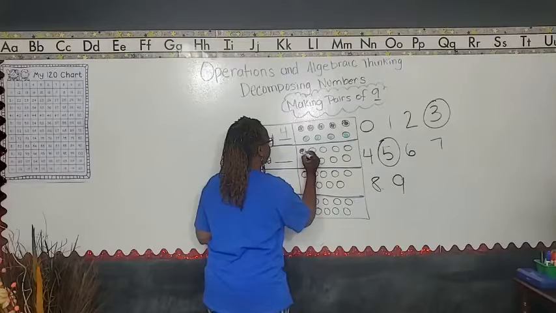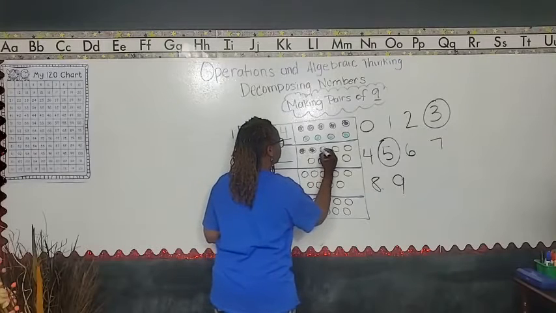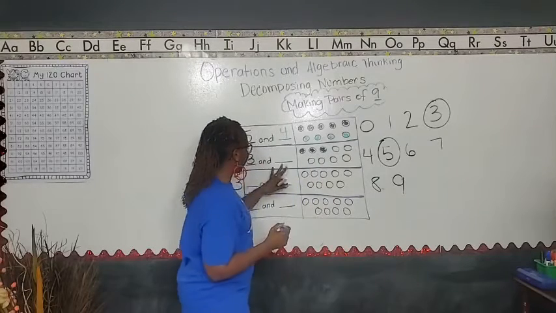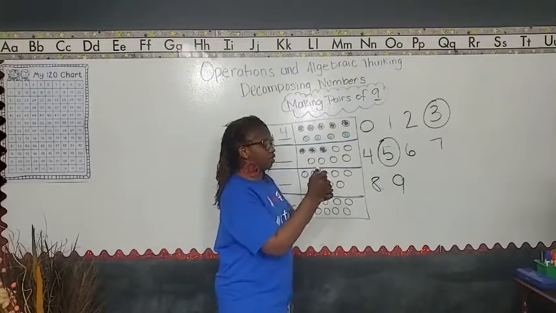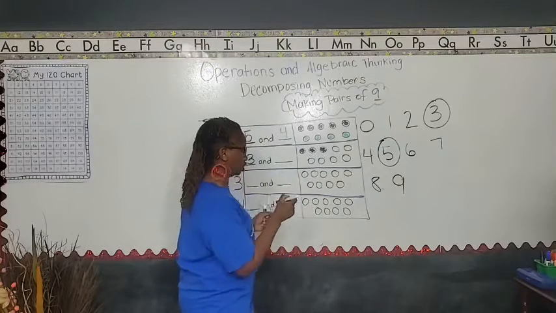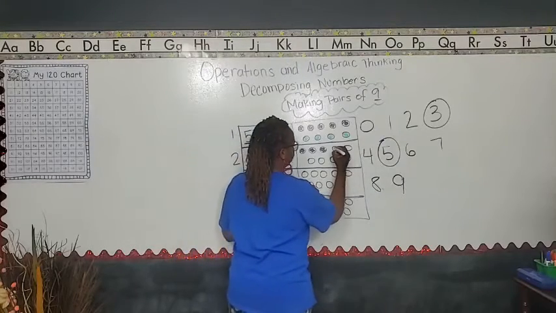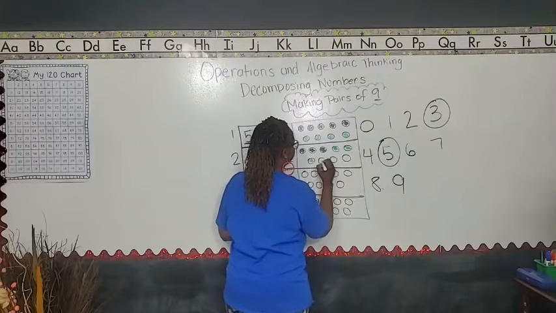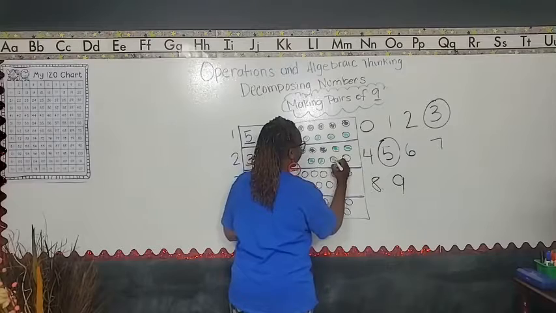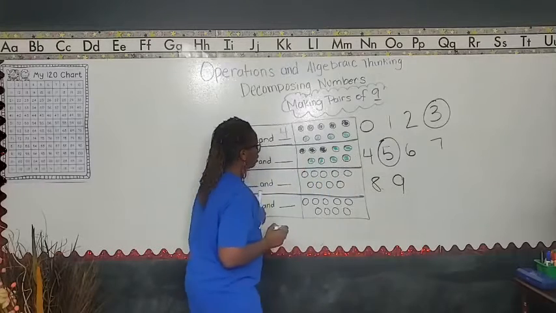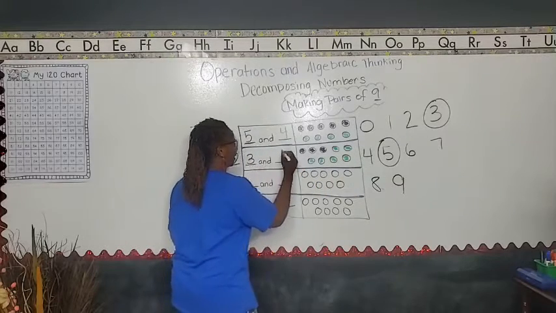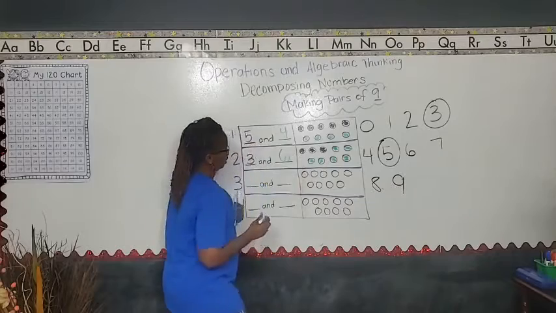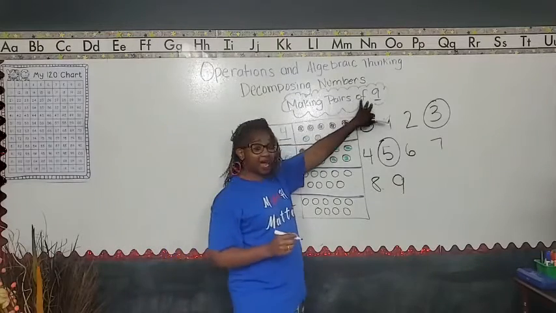So then it would be 1, 2, 3. Okay, how many would be green is my next question. So then I would shade in green. 1, 2, 3, 4, 5, 6. Okay, 3 and 6 make a total of 9.